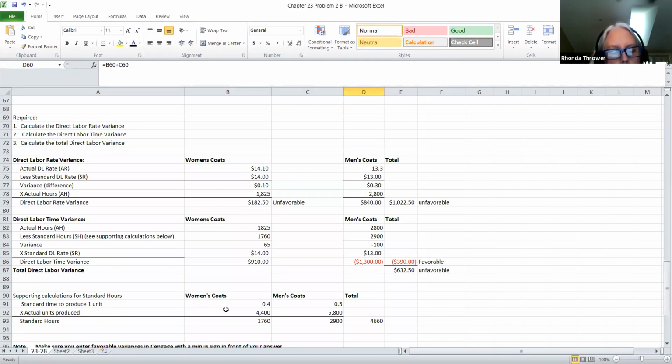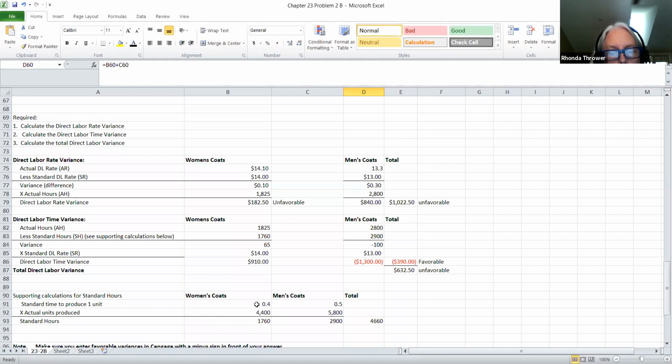For the women's coats, that's what we're going to start with first. You take the standard time to produce 1 unit, that's given. And then you multiply it by your actual units produced, that's given too.